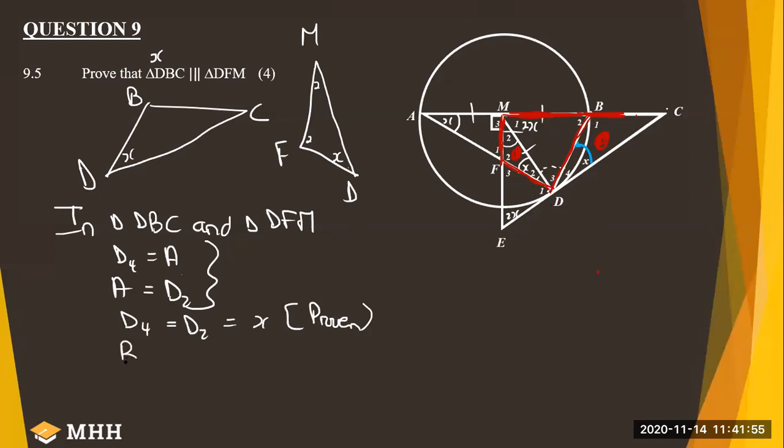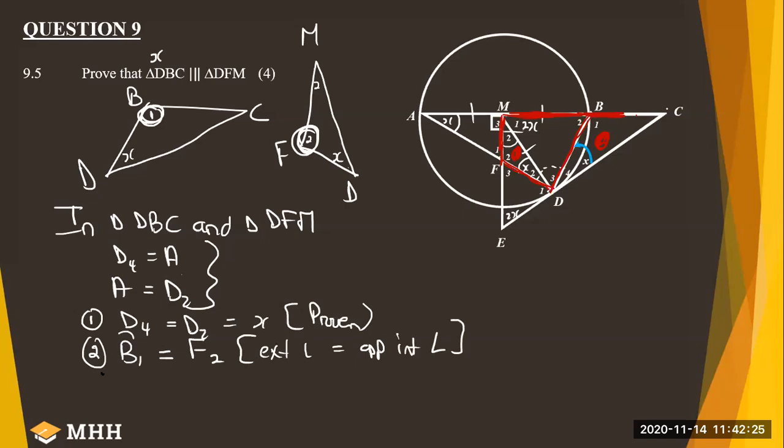So I can say that B1, here I've got my first angle, and now this is my second angle. B1 is equal to angle F2, because the exterior angle is equal to the opposite interior angle.